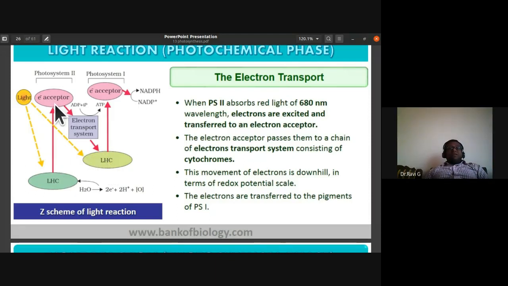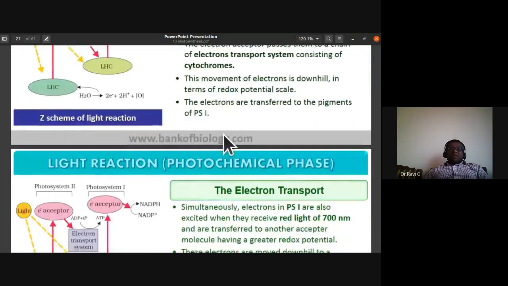There is acceptance of electrons and donation of electrons, both taking place, so these carriers are not only acceptors of electrons but also donors. The electrons are then transferred from this electron transport system to photosystem 1, which absorbs light of 700 nanometer wavelength.